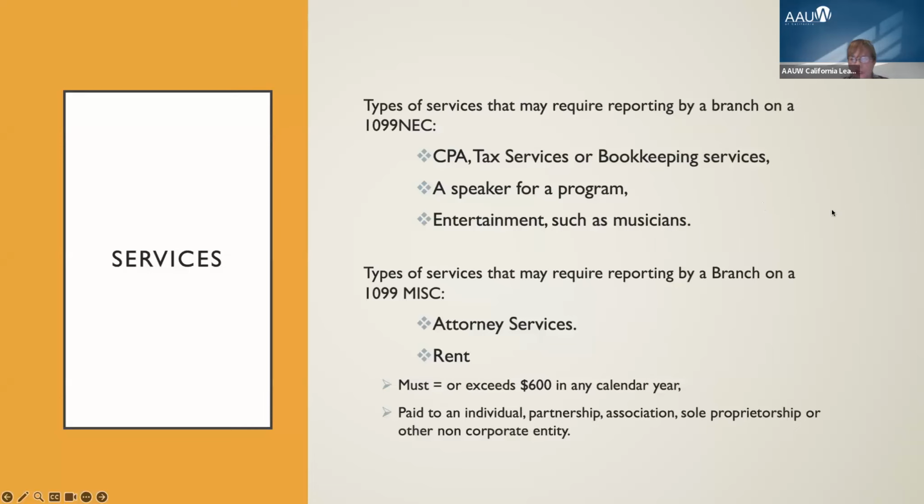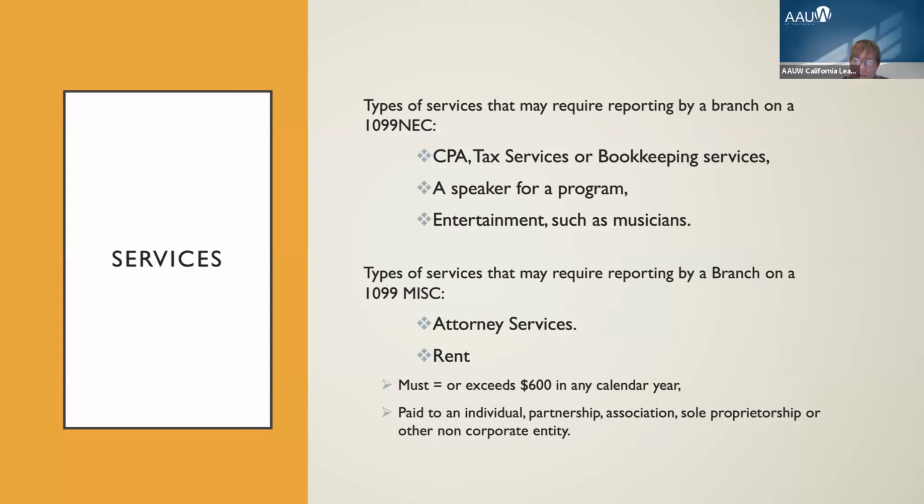Types of services that may require reporting. Let's say you're a very large branch and you engage a bookkeeping service or a tax, or not a tax service, but a CPA. And you end up paying them $600 for the year, and they're a sole proprietorship or an LLP.